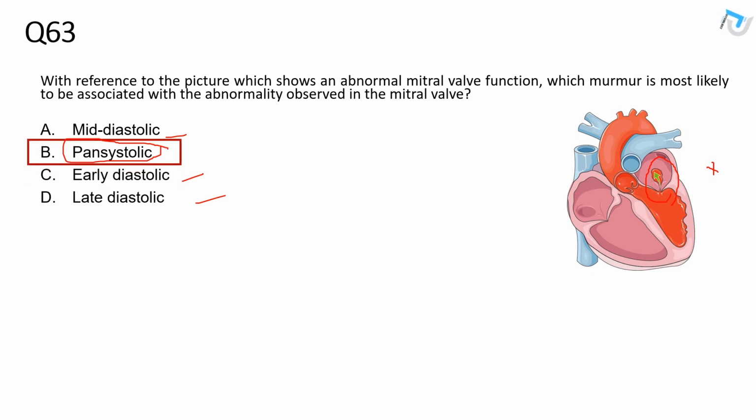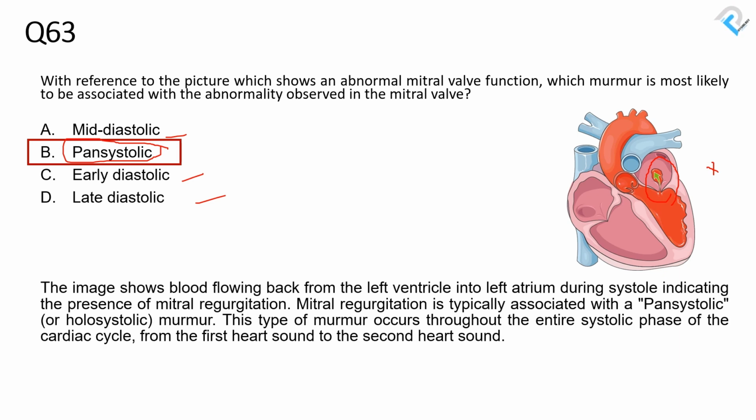Pan-systolic murmur means holosystolic, during the whole time of systole there will be noise heard, because during the whole systole there will be regurgitation of blood from the left ventricle into the left atrium. So this is mitral valve regurgitation causing holosystolic or pan-systolic murmur.